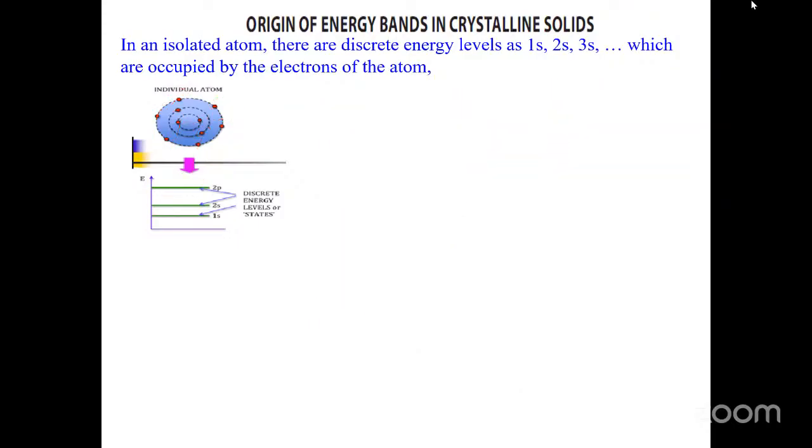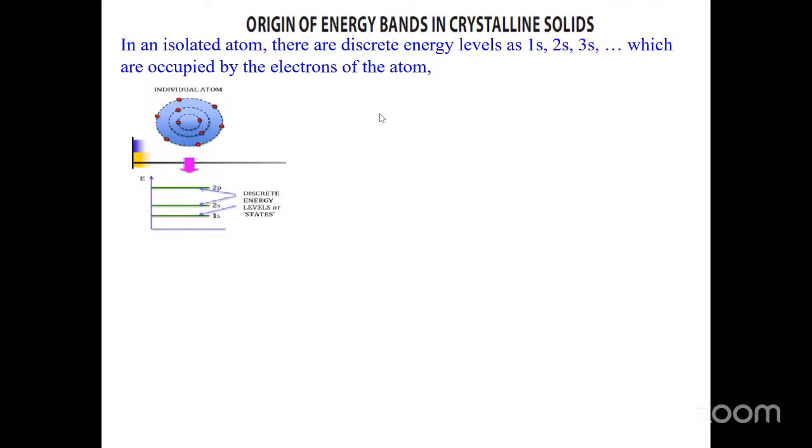That is what is being shown here: the individual atom has discrete energy levels. That means 1s2 is completely filled, 2s2 is also completely filled, 2p6 is also completely filled, like that.